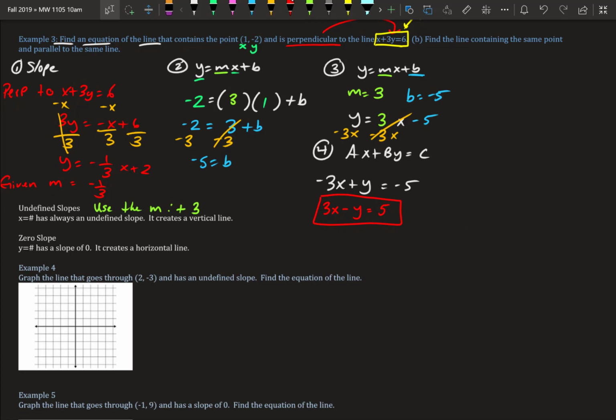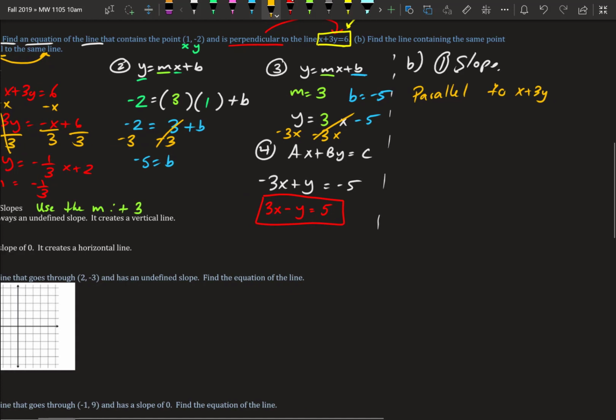Alrighty. So, part B. Let's find the line containing the same point and parallel to the same line. So now it states that it's parallel to the line that they gave us. So parallel means same. So let's find our slope. It states that it's parallel to x plus 3y equals 6.